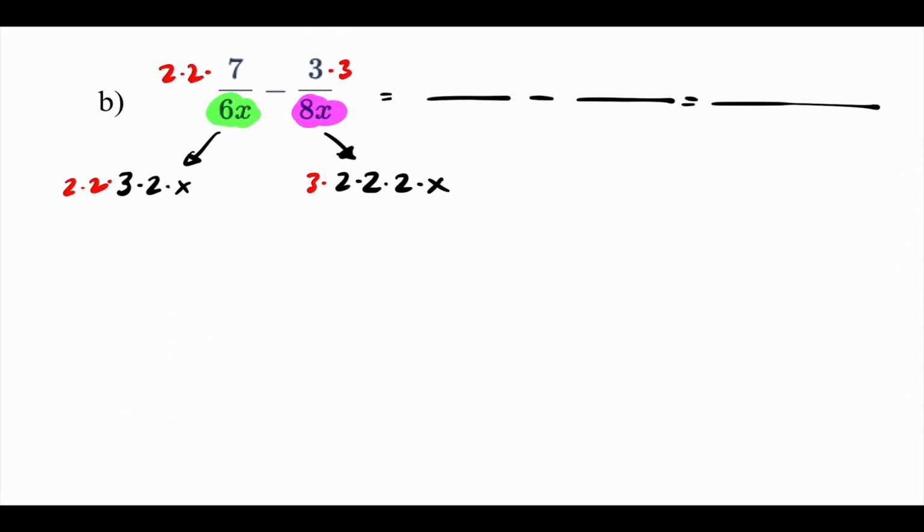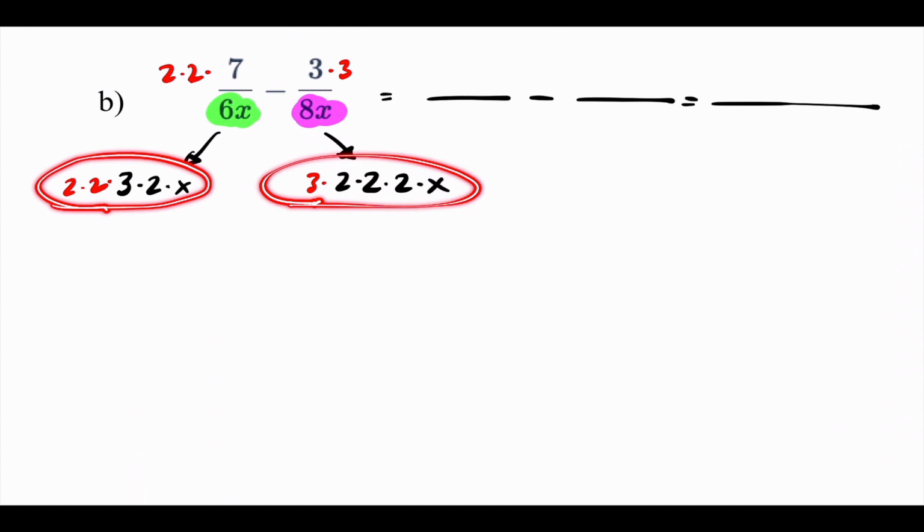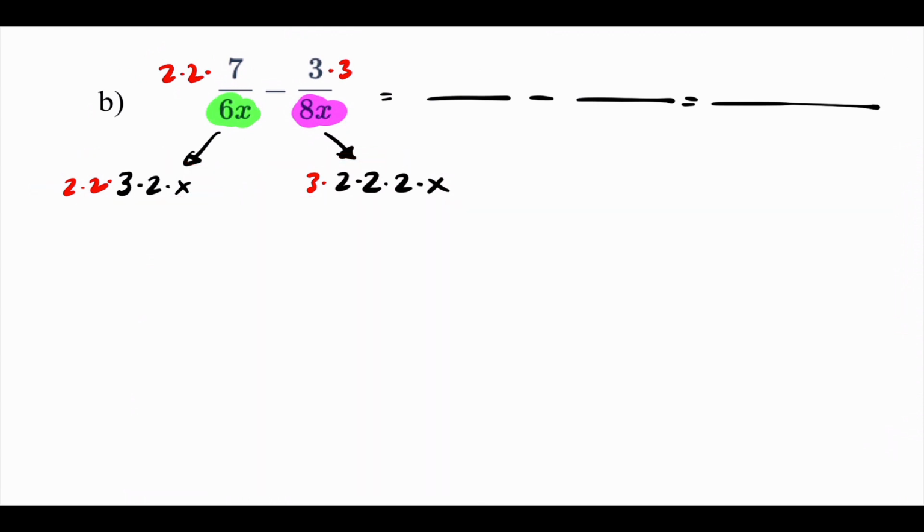Okay. So the common denominator now is both the same. Same numbers you're multiplying. 1 3 and 1 3 and 3 2's. So when you multiply 3 times 2 times 2 times 2, you get 24x. Okay, so the top over here, 2 times 2 times 7 is 4 times 7, which is 28.